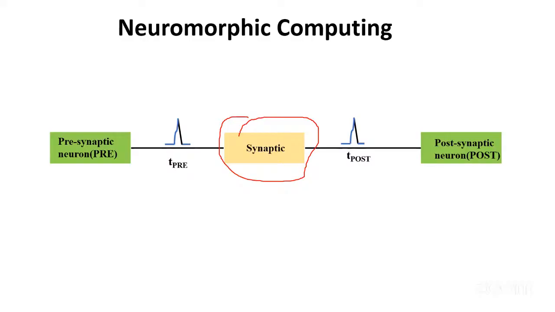That is why it is important to look for emerging non-volatile memories, like resistive memory devices, phase change memory devices, magnetic tunnel junctions or spintronic-based devices, and of course the ferroelectric FETs. The synapse has two important properties which are important.